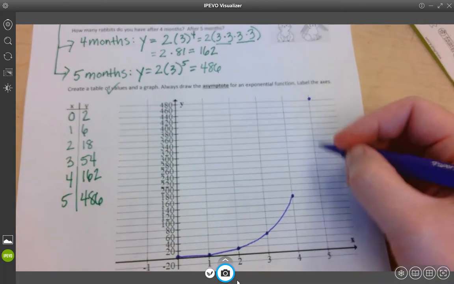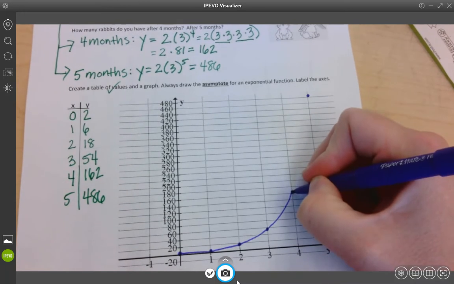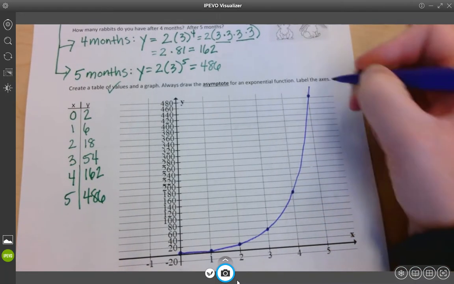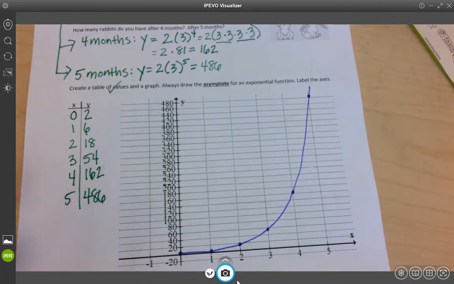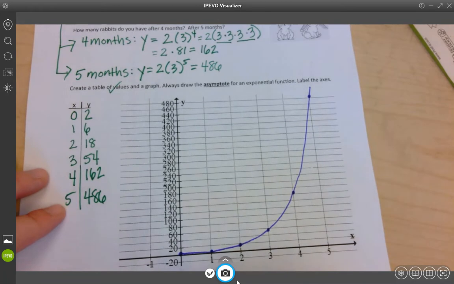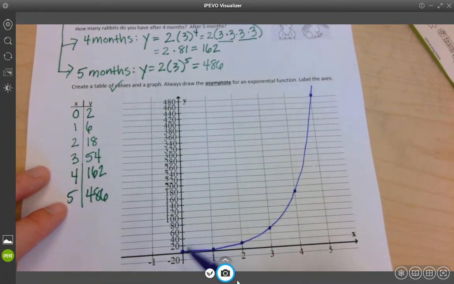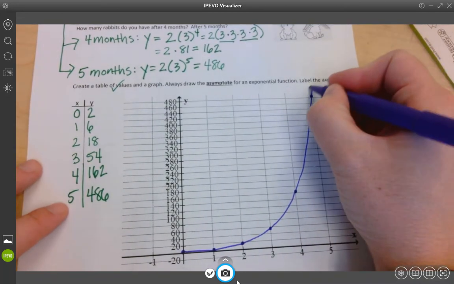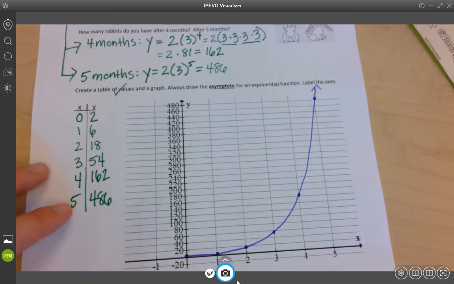It really is a curve. This last part's the hardest part. An exponential function theoretically goes forever in both directions. However, we know we can't have negative rabbits, so I'm not going to keep going in the negative direction. But I could keep having more rabbits for sure.